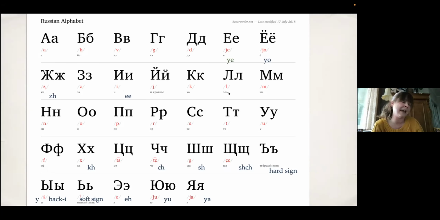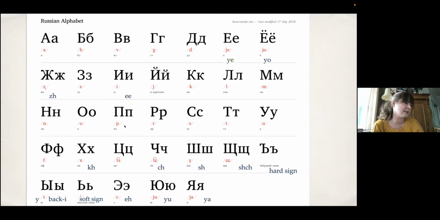And this is L and M, N, O. But this is said not like in English we often say O. This letter is said like O, but you have to leave the U letter out and just say O. So it's a kind of shortened version of the English O sound.